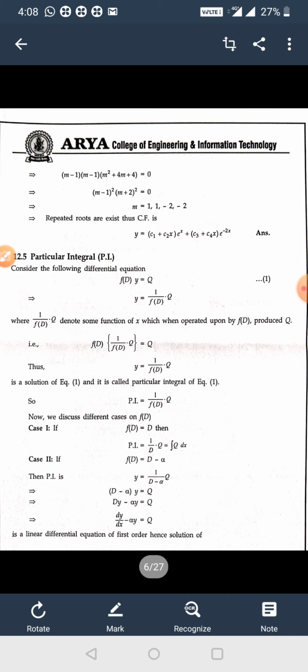So 1 is a repeated root and minus 2 is also a repeated root.